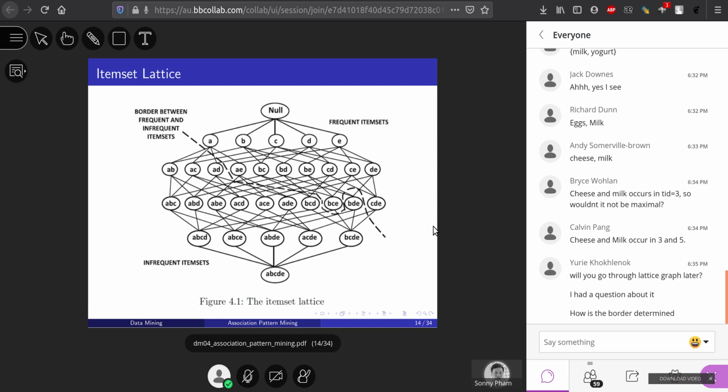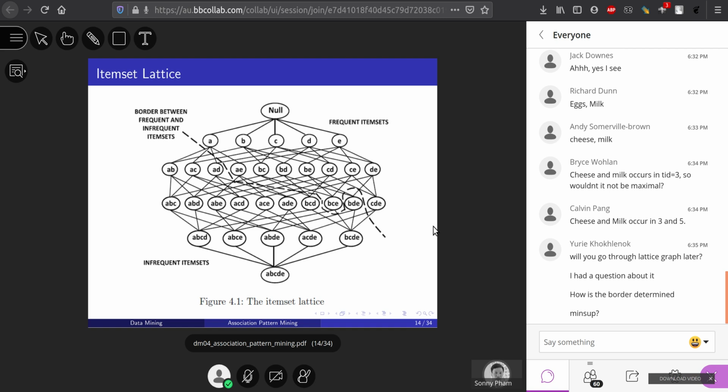How is the border determined? The border is determined depending on the actual transactions, really. Of course, it depends on MinSup, but it also depends on the transactions that you see. It's what I said in the video.